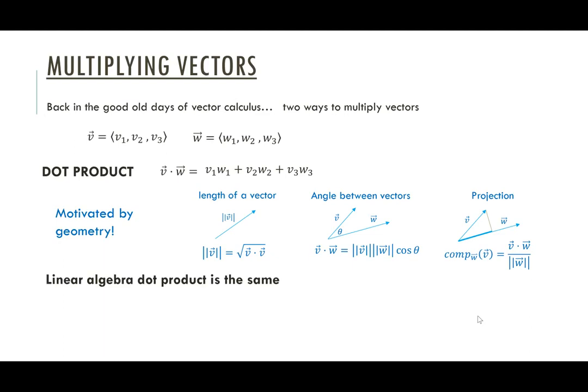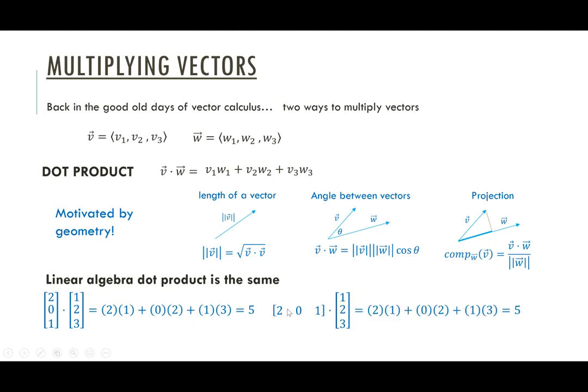And now in linear algebra, we have a concept of the dot product as well, and it's the same. So, all right, you take two column vectors, dot them together. You do it like it was written in vector calc. So it'd be 2 times 1 plus 0 times 2 plus 1 times 3 is 5. And similarly, you have a row vector times a column vector.